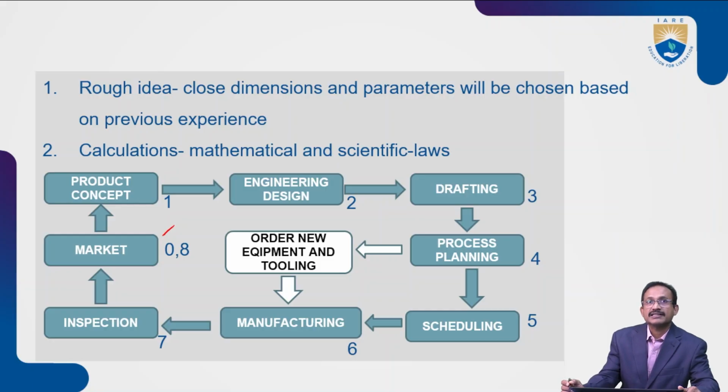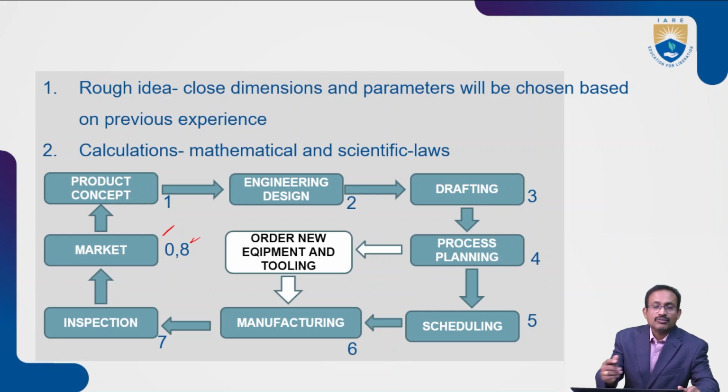Why? Because it ends with market also, that is number 8. So here 1, 2, 7 and 8, and it has started with 0. We'll discuss that 0th one at the end. Now product concept is the first one.